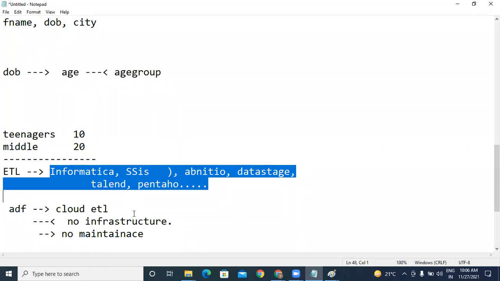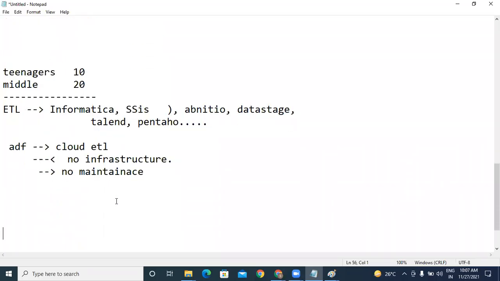Yes. Is the prerequisite to learn this ADF only SQL? Got it. But to become a complete full stack data engineer, you need other things. Okay. So one by one, we will be discussing what all the data engineer products are. Now let's talk about ADF.